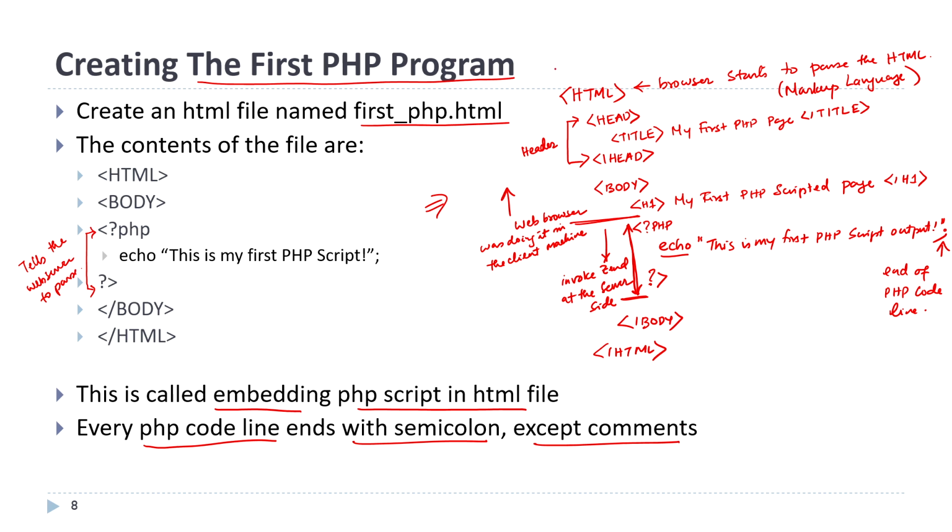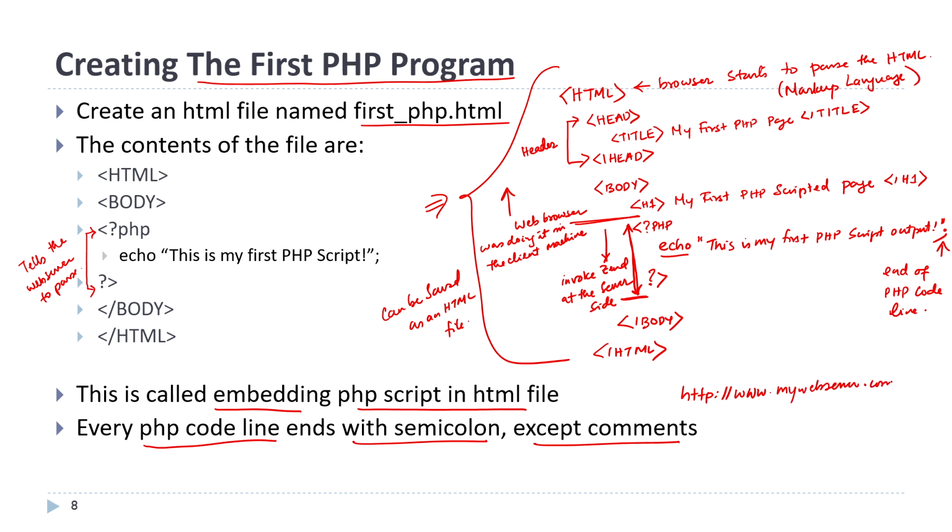So, this entire thing can be saved as an HTML file. And when you open this HTML file, let us say you put it on some server, you will write http://www.mywebserver.com/first-php.html.